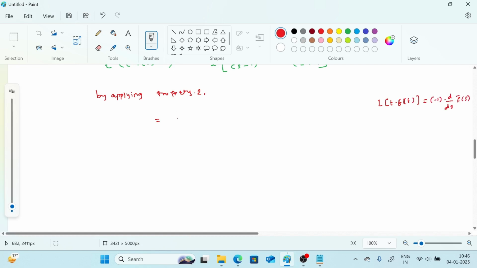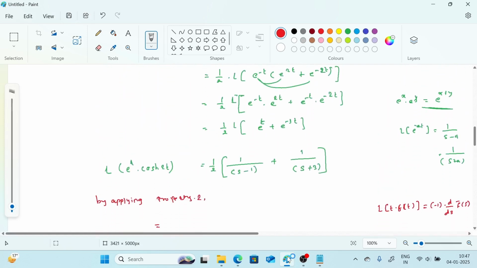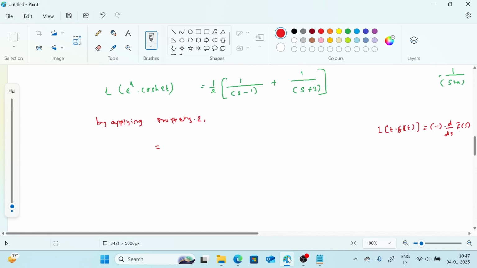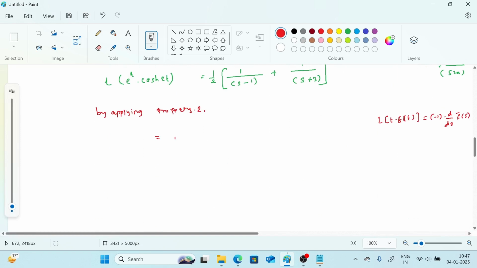So 1 by 2 constant into minus 1 into d by ds of 1 upon s minus 1 plus 1 upon s plus 3, right?